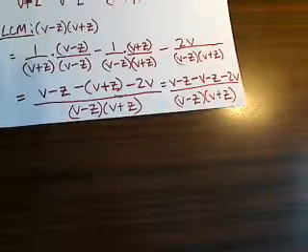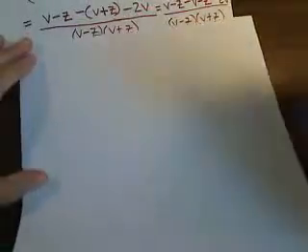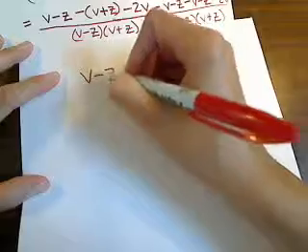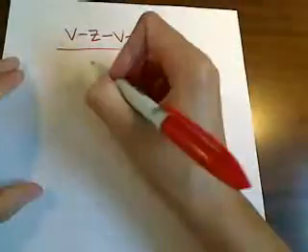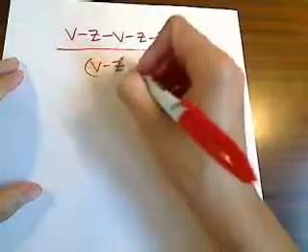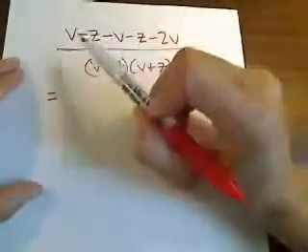Okay, and at this point, we would want to just simplify in the numerator. So if we simplify in the numerator, we're just collecting like terms.